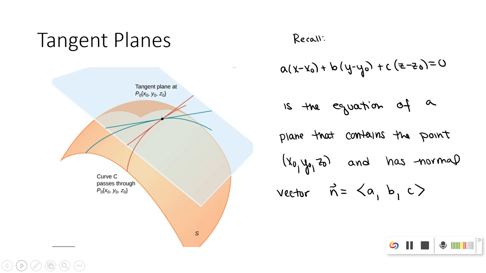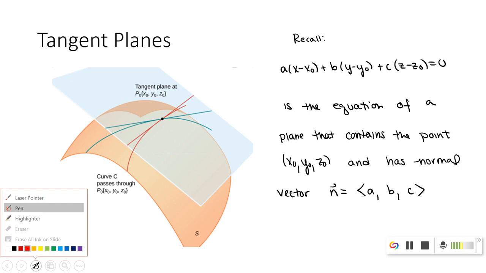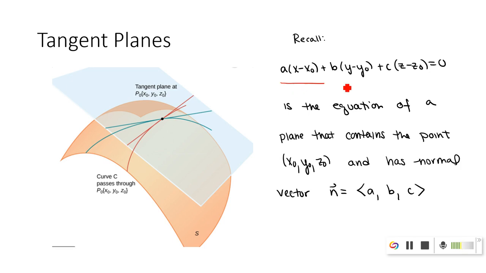Then on the right side of the screen, I just have written down how we defined the equation of a plane in previous sections. So here's our equation of a plane. I'll circle it in red. This is the equation of a plane that contains the point x naught, y naught, z naught.